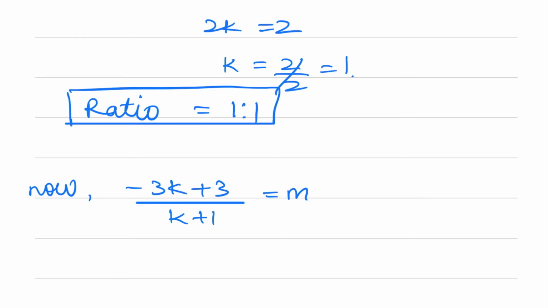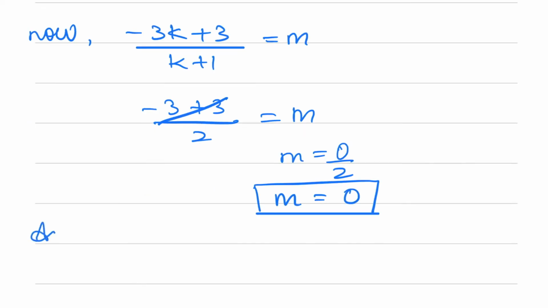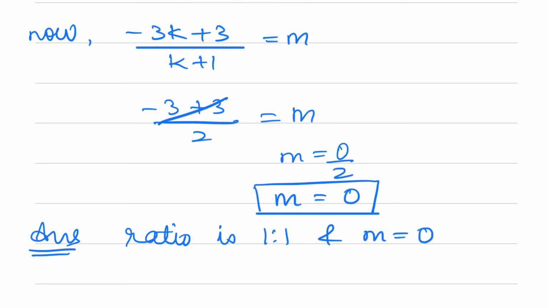K is 1, so minus 3 plus 3 divided by 2 is equal to m. This becomes 0, so m is equal to 0 by 2, so m is equal to 0. Answer I can write down as ratio is 1:1. This was what we were supposed to find out, and m is equal to 0.